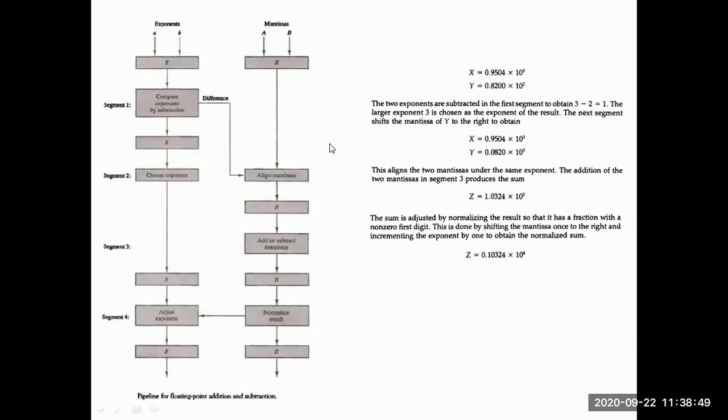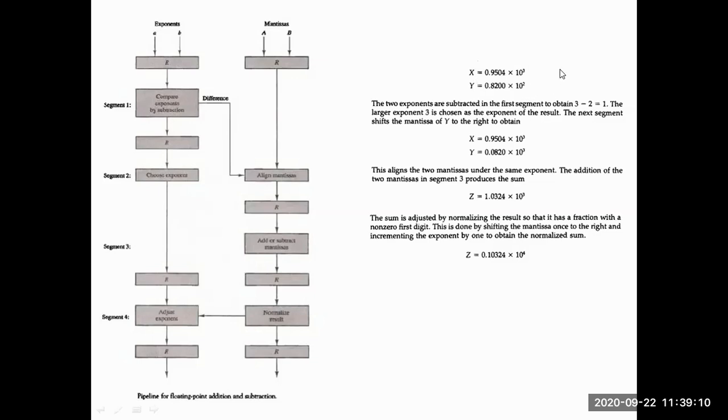Let us first see a problem here to understand how this pipeline will work. For example, we have two numbers, x and y, both floating point numbers. The first thing we need to do is normalize them.